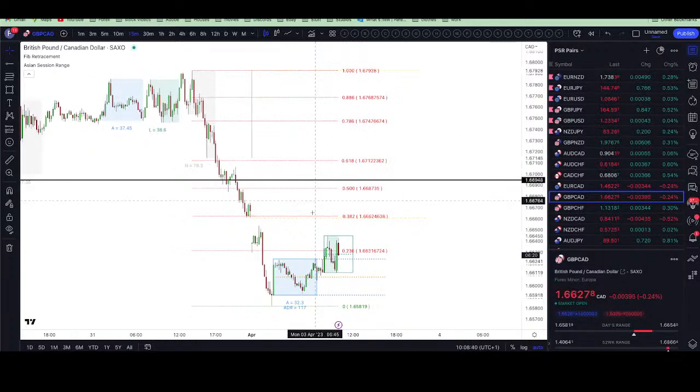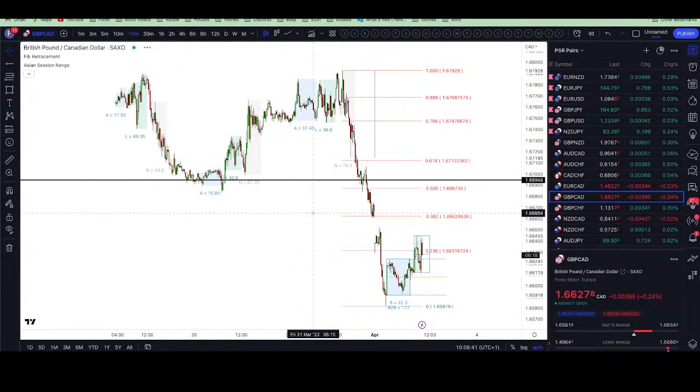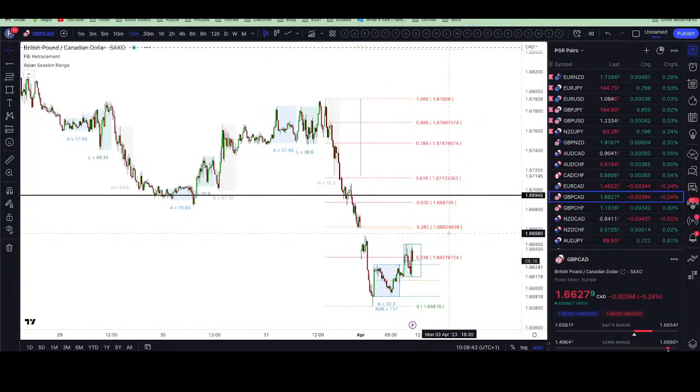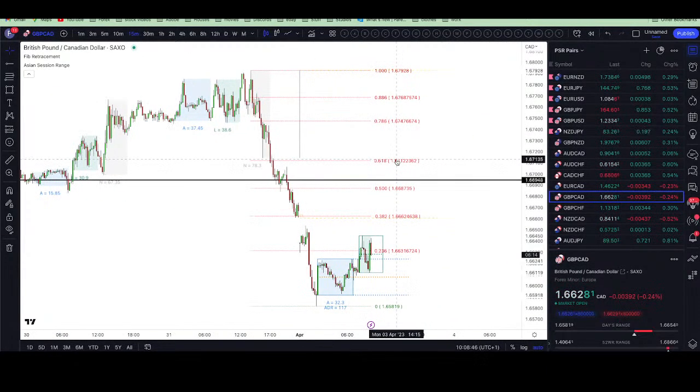I know the 786 is pretty far back up, but you're at least looking for a 618 pullback, this area here, because just based on the notion of what smart money traders or ICT traders want, you want to only be selling above the equilibrium, which is the 50, and selling back down. So you want something like that if you are going to be looking to sell. Hopefully that helps you out. Hopefully it ties up what you're looking for.